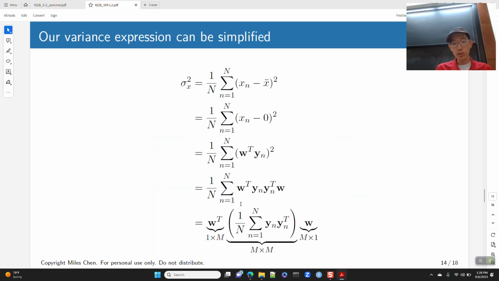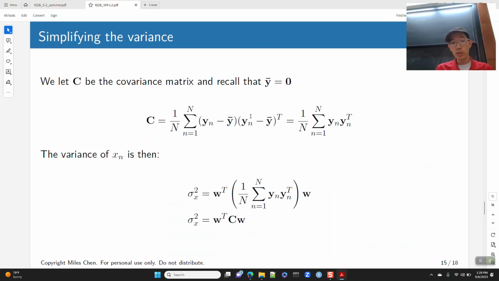So one thing you'll note is that this, what is this? The sum of yn yn transpose is equivalent to the covariance matrix, because we know y bar, the mean of y, is 0, right? So this is what I have. This is equivalent to saying I've got the sum of yn minus y bar times its transpose, right?